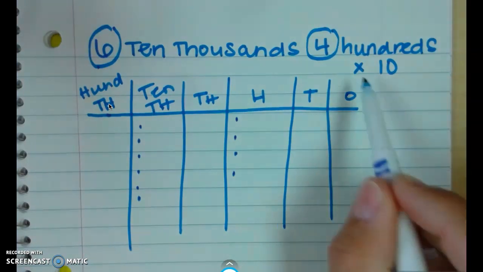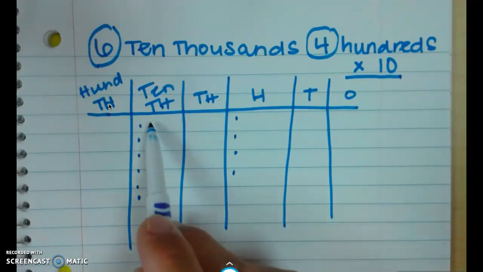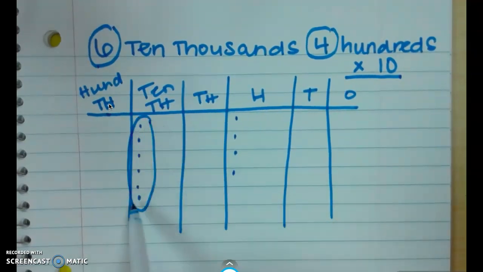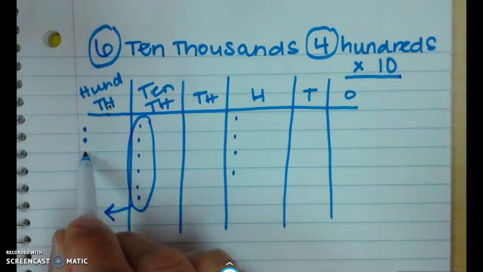So when I am timesing by 10, I know as a mathematician, that means all my numbers are going to get bigger. So I'm going to need to grab them and move them over one place in the place value chart. So all my 10,000s now become 100,000s.